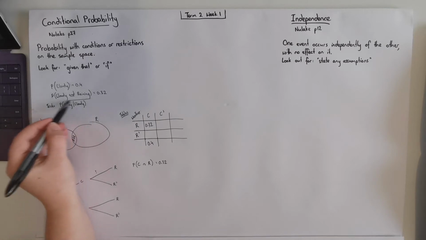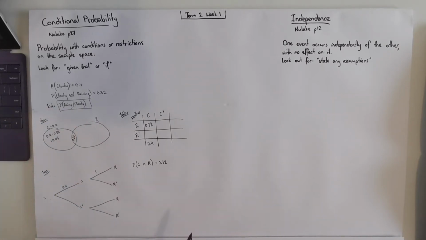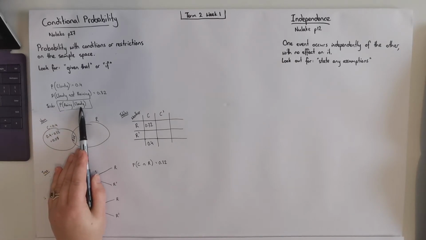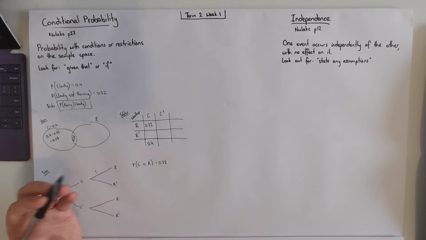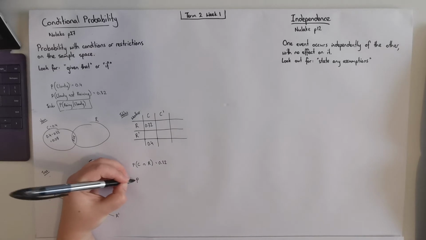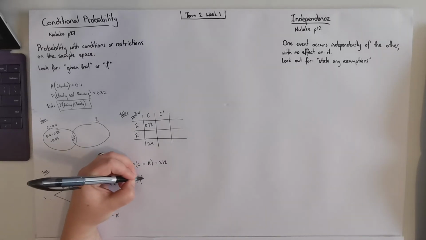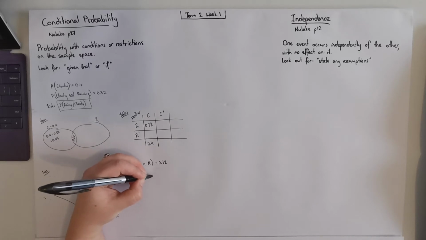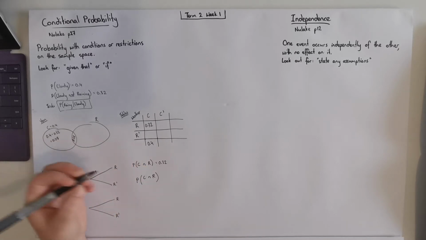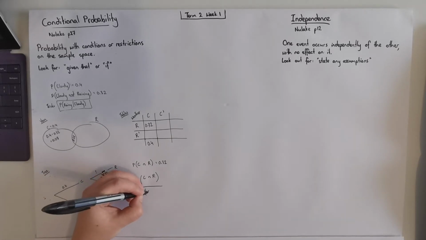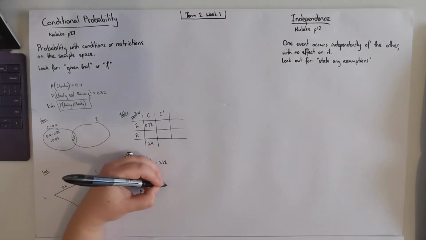If we are looking for the probability of it being a rainy day, given that it's already cloudy, we are quite simply looking for the probability of the cloudy and rainy day happening divided by the probability of it simply being cloudy.